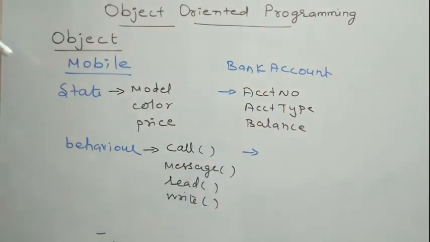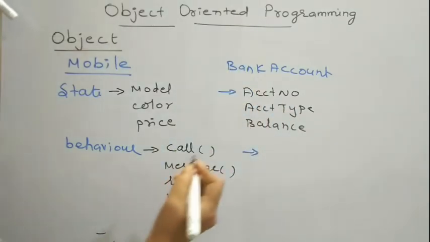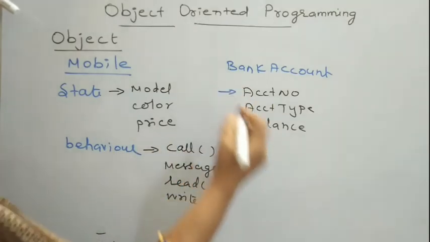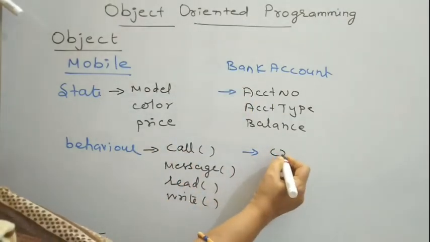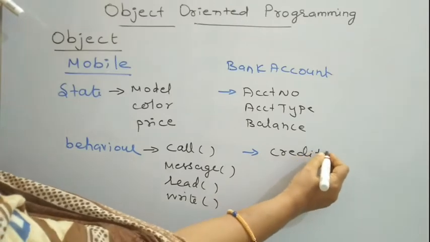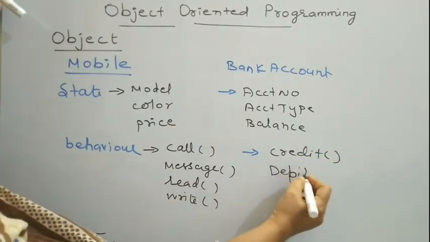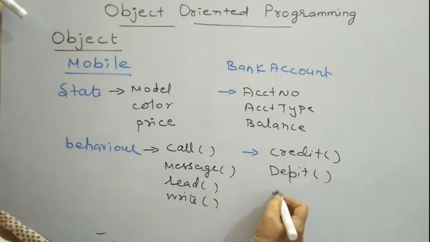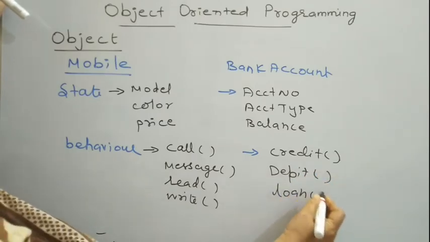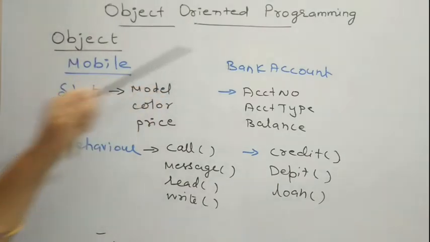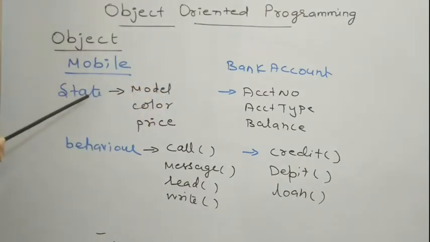These are the different properties of my bank account. For behavior, that is functionalities, using a bank account we can credit an amount, debit an amount, and process our loan. So we have discussed two examples of objects, with their properties and functionalities.